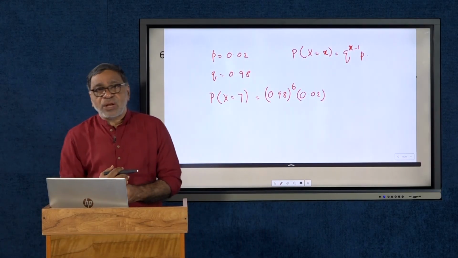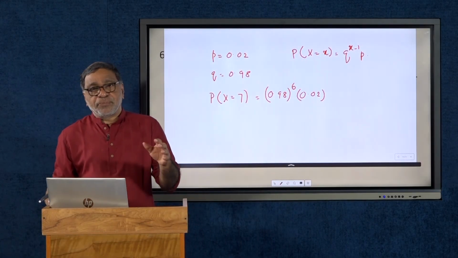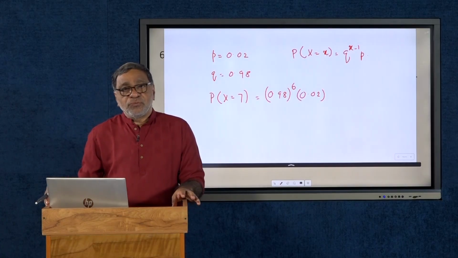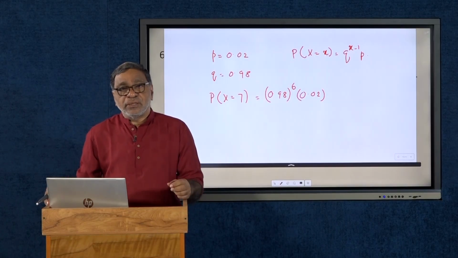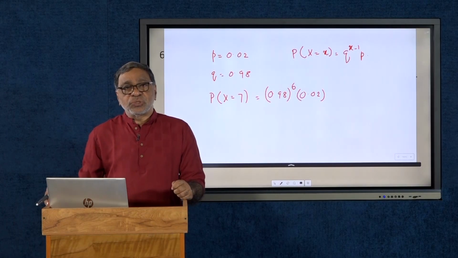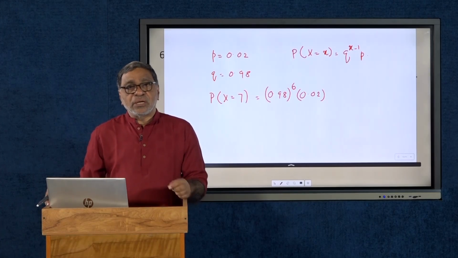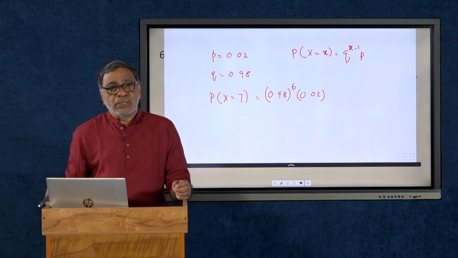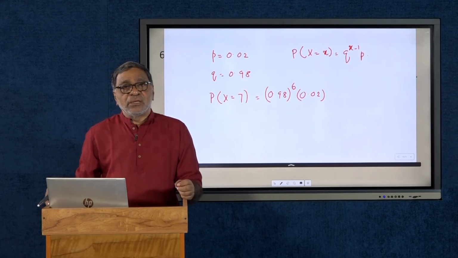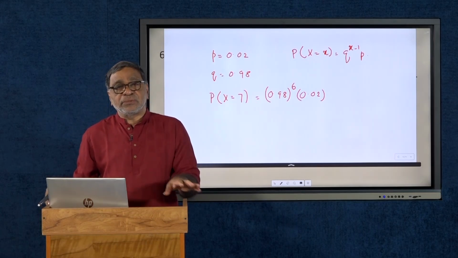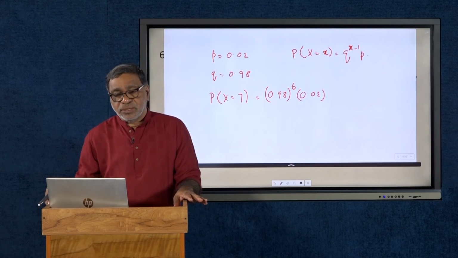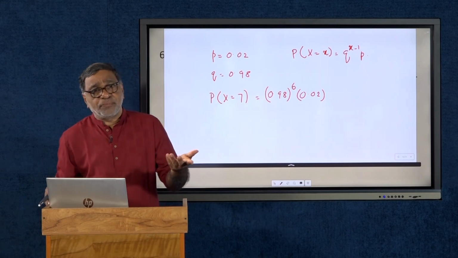So that is the probability value when we are checking computer components to verify whether each is defective or not, and it is the probability that on the 7th trial we identify the component as defective. And again, what is the mean of that?